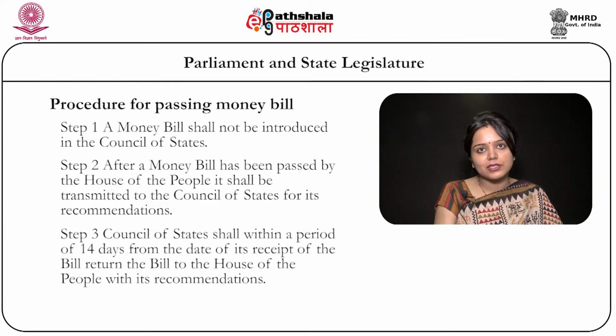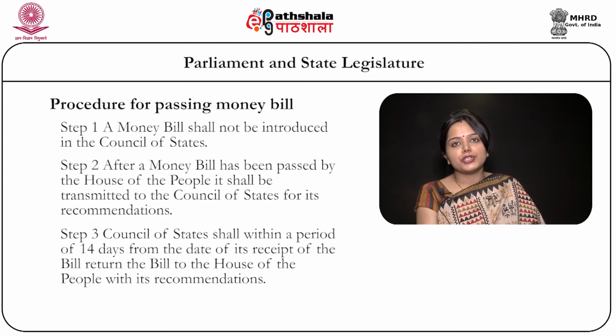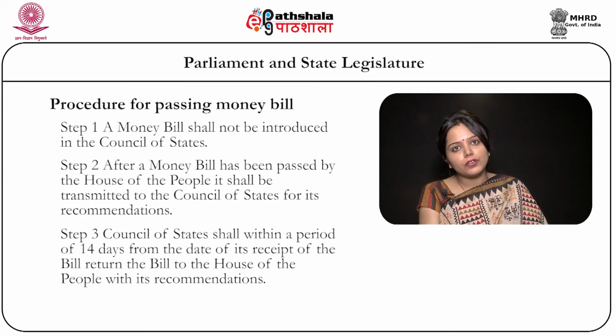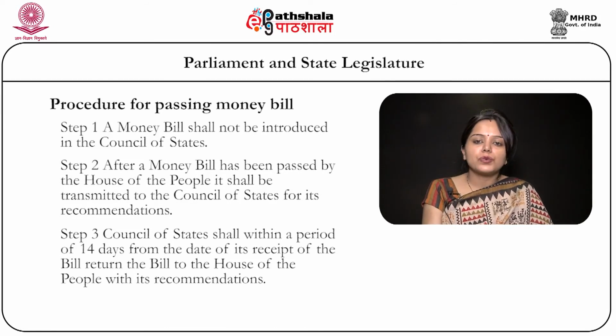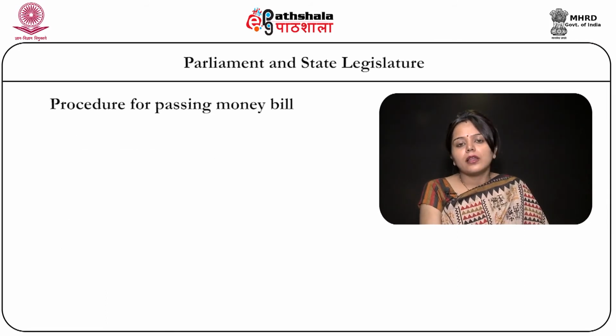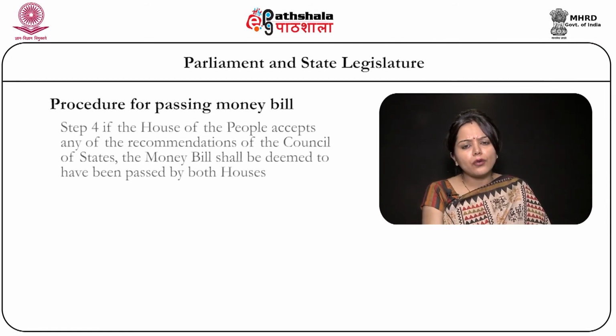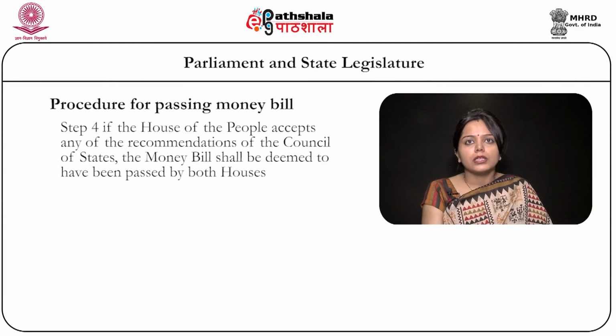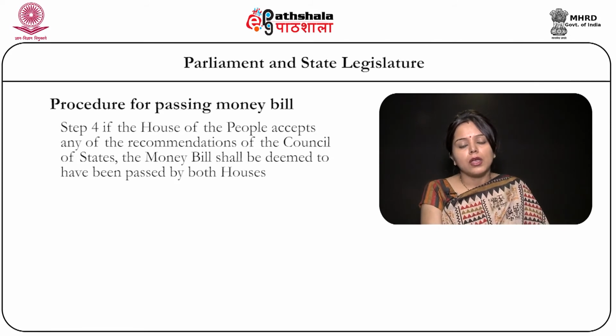The third stage is Council of States shall within a period of 14 days from the date of its receipt of the bill return the bill to the House of People with its recommendation. And the last stage is, if the House of People accept any of the recommendations of the Council of State, the money bill shall be deemed to have been passed by both the houses.